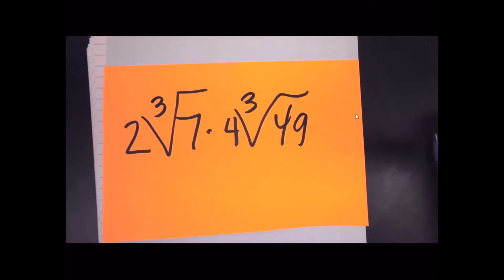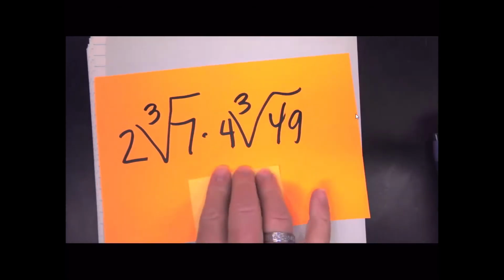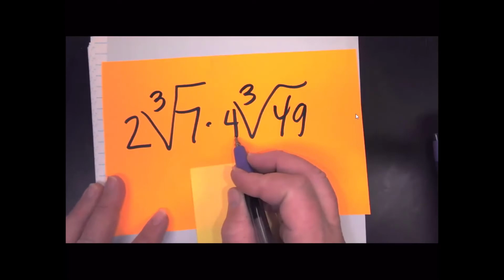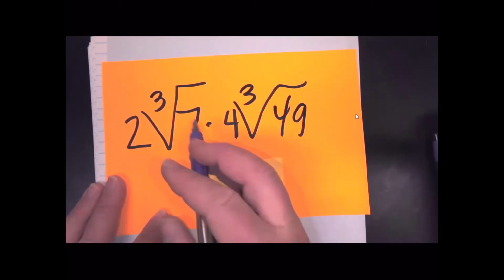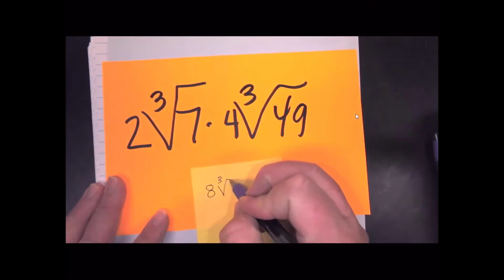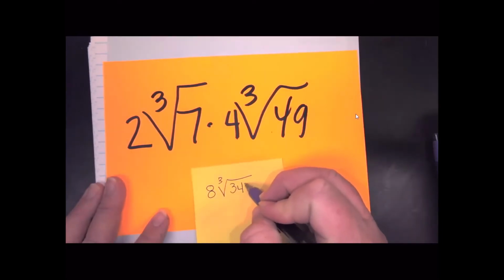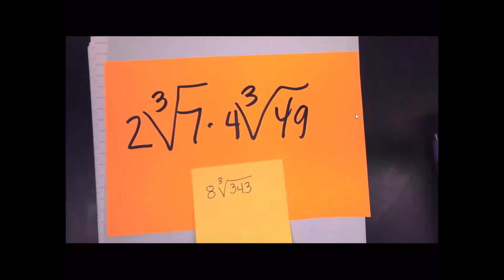All right, in this case, again, we have multiplication, so outside to outside. So you want to go 2 times 4, which is 8. Those are both cube roots. And what is 7 times 49? Well, that's 343. And I'm going to double check on my power table that the cube root of 343 is actually 7.